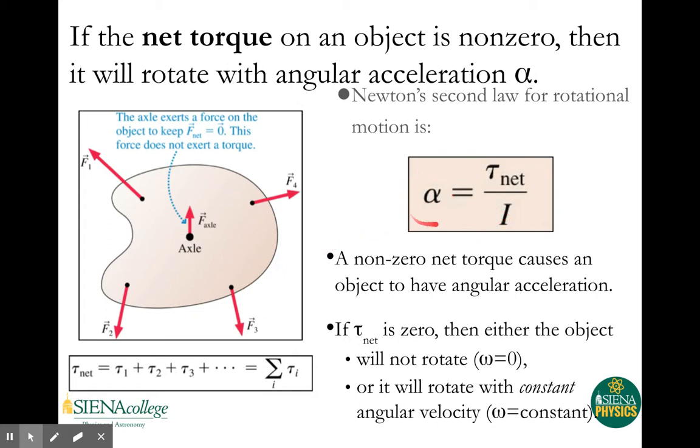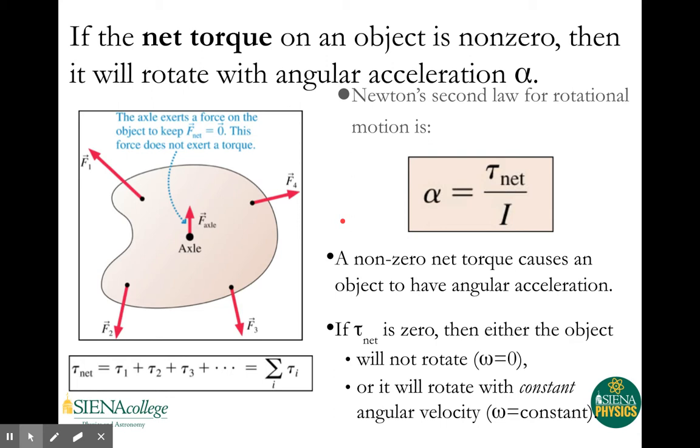So this is saying our angular acceleration alpha is the net torque on an object divided by its moment of inertia. Okay, so in linear terms, we would have had acceleration is the net force divided by mass. So remember we said moment of inertia is our rotational analog of mass, and then torques are the forces that are going to cause rotation, and then this is our rotational acceleration.